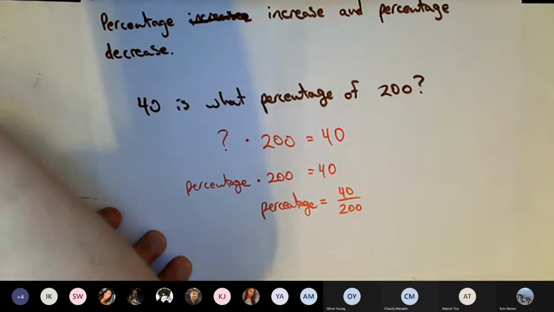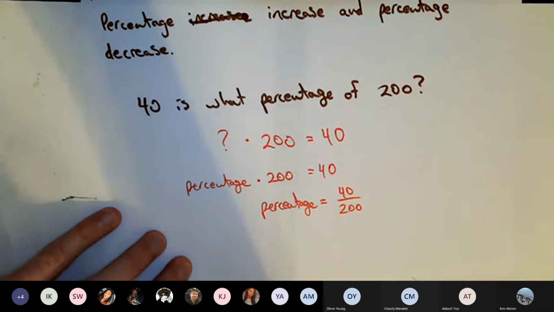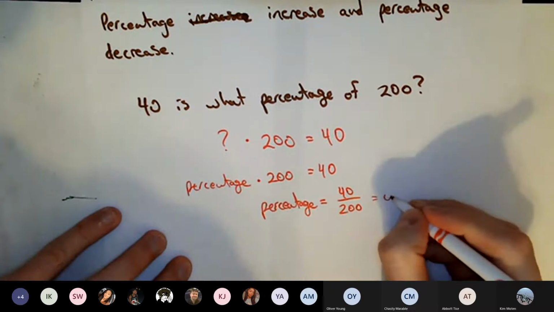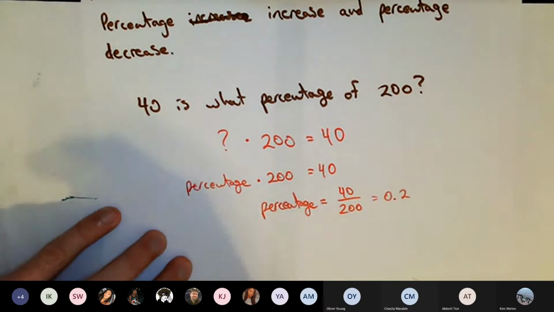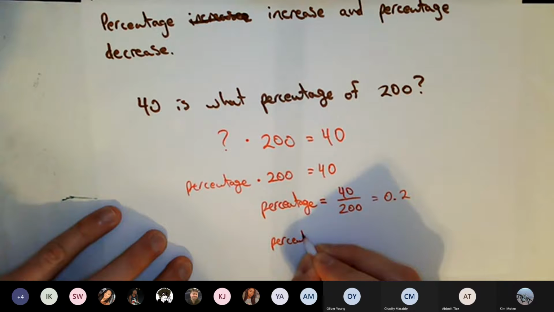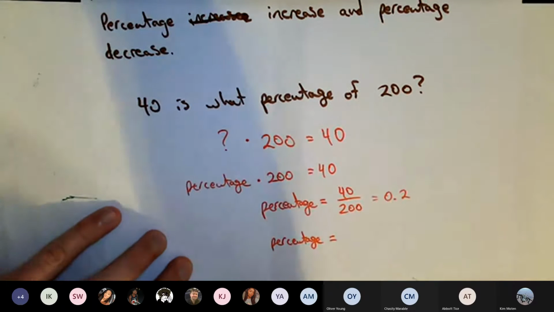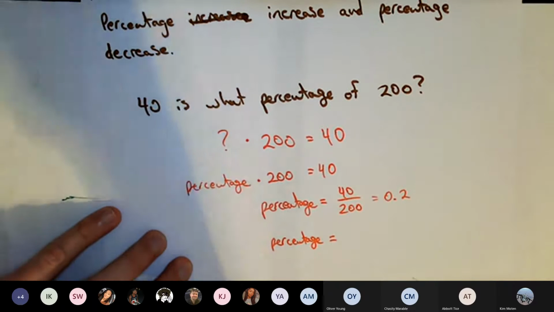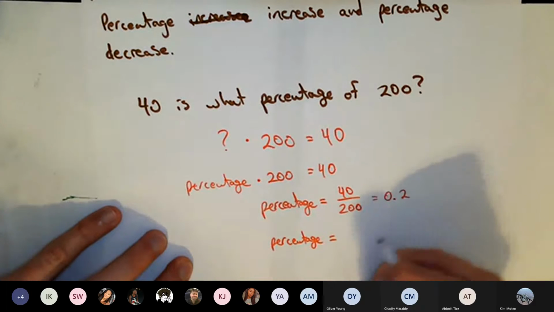Okay, 40 divided by 200 is 0.2, so that's equal to 0.2. And then to create a percentage out of that, I have to multiply by 100%. In other words, just scoot the decimal out 2 places and stick a percent sign behind it.